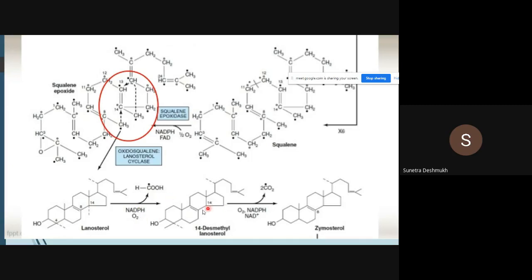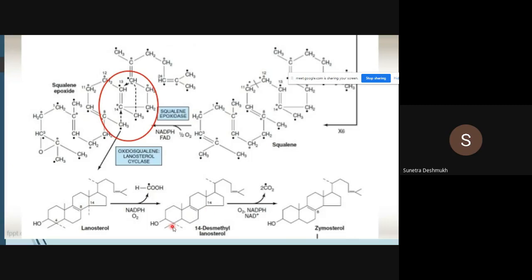Here we got 14-desmethyl lanosterol. 14-desmethyl means the methyl group at carbon 14 has been eliminated, so we can name this compound 14-desmethyl lanosterol.